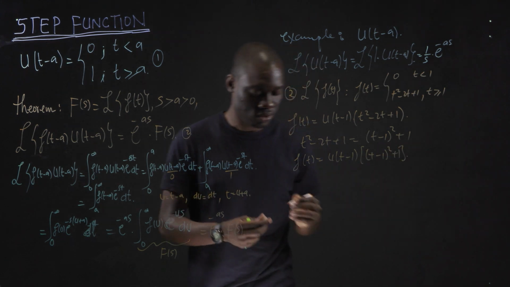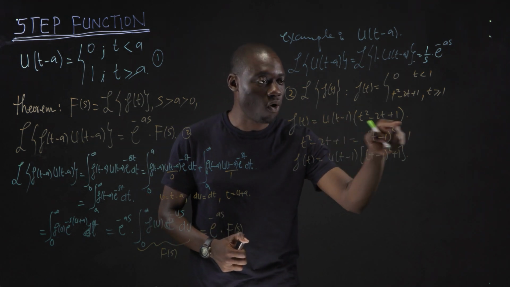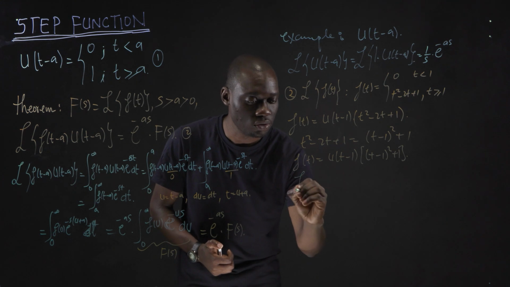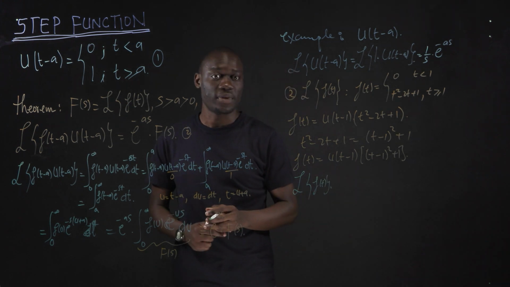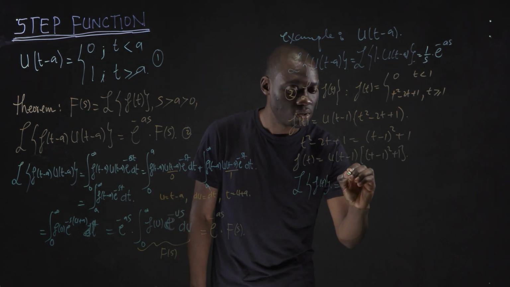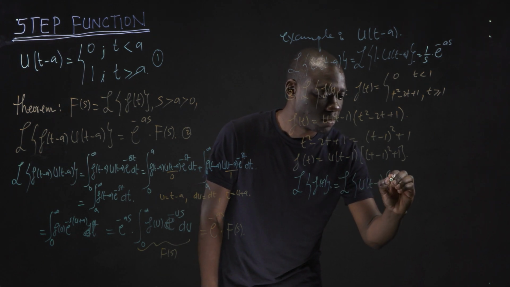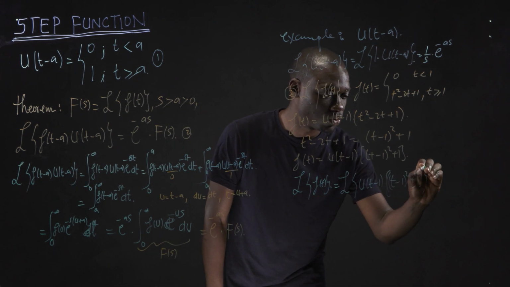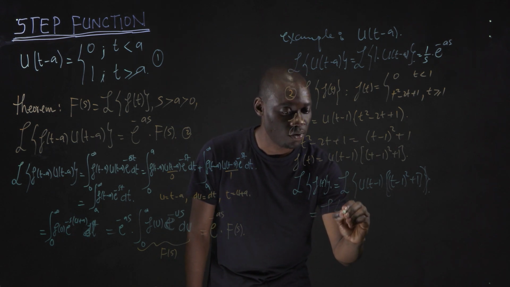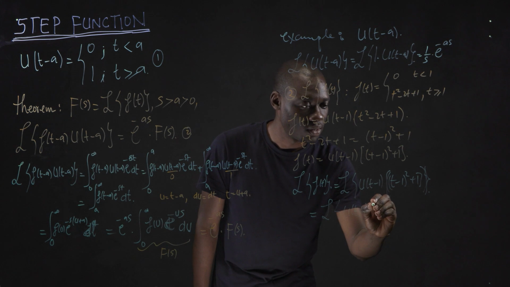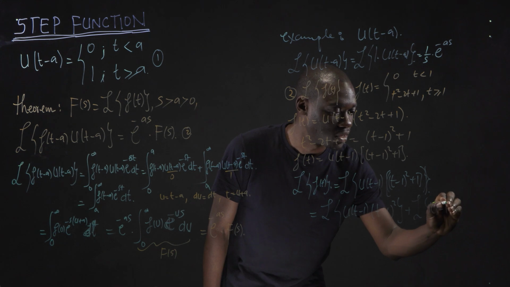Now, finding the Laplace transform of this function, the Laplace transform of f(t) will be equal to the Laplace transform of u(t minus 1) times (t minus 1) squared.